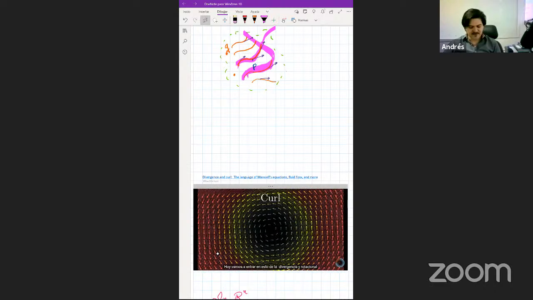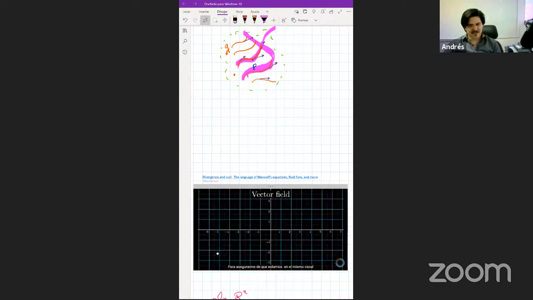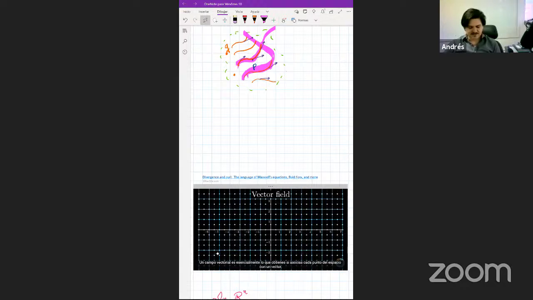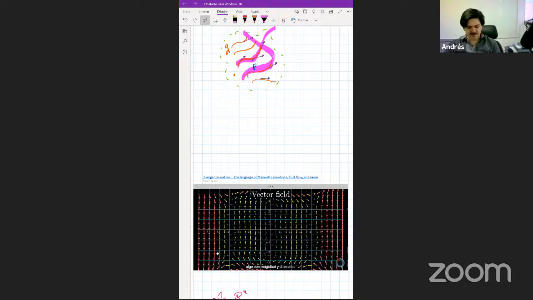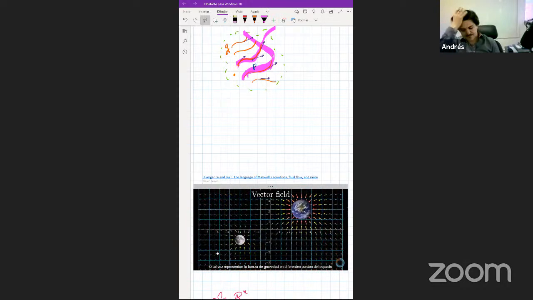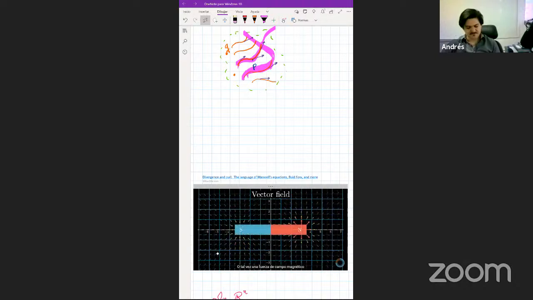So you have some vector field there, and you see how it was moving before. Now let's see if we have some other vector field here. There's a vector field, and then you have the flow lines. They are also called flow lines. Okay, so this is what we would like to have now.